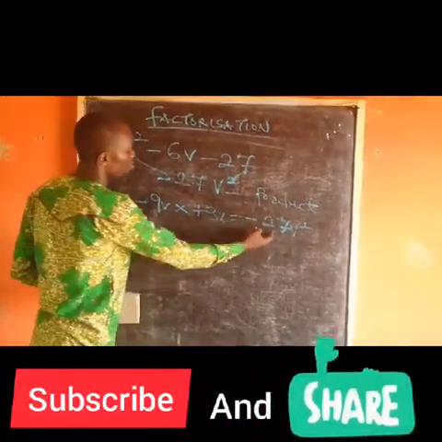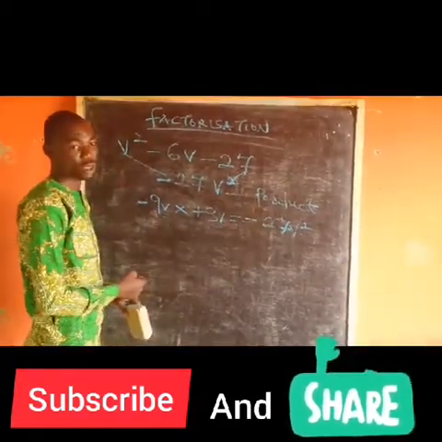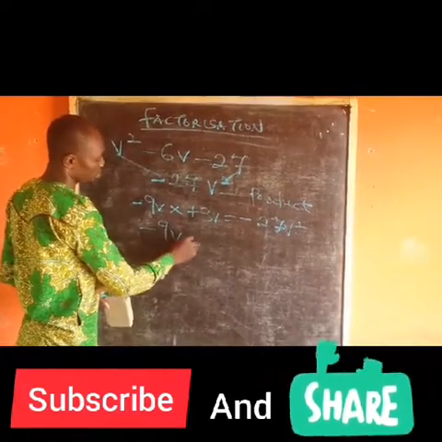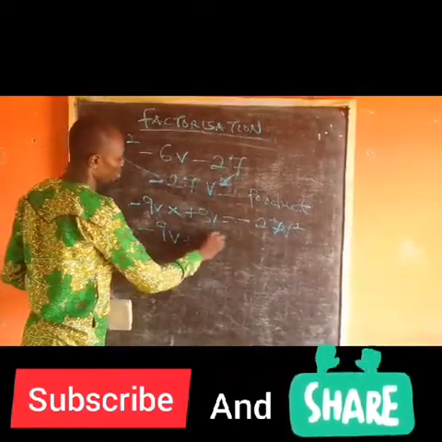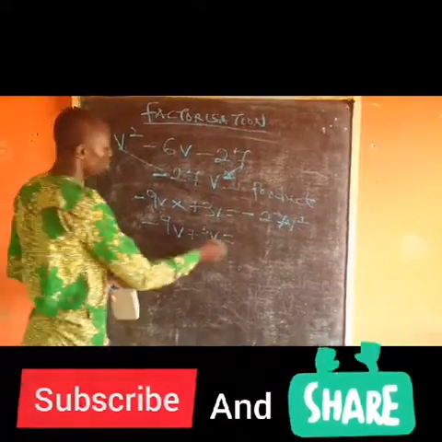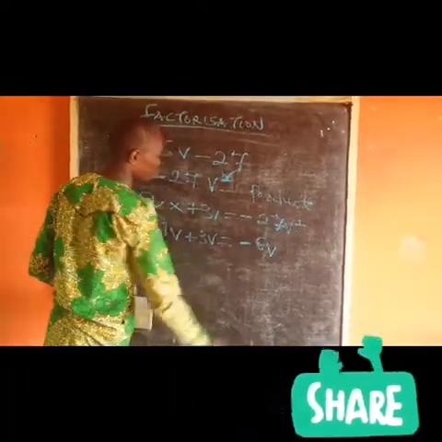9 times 3, you are going to have 27. V times V, you are going to have V squared. So let's check that again. Minus 9V plus 3V will give us minus 6V.